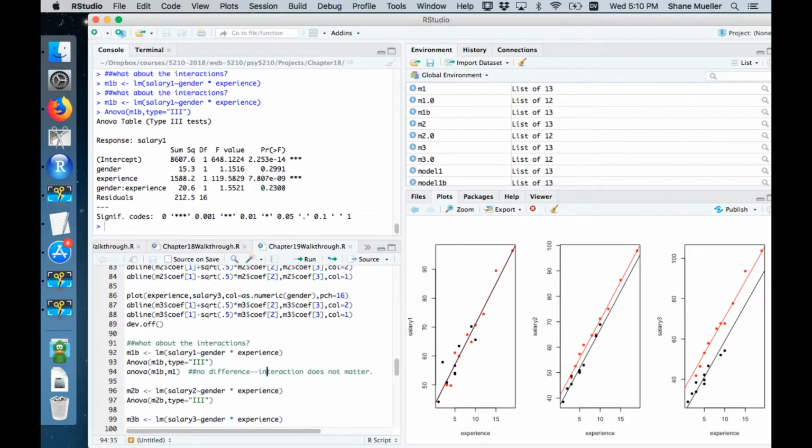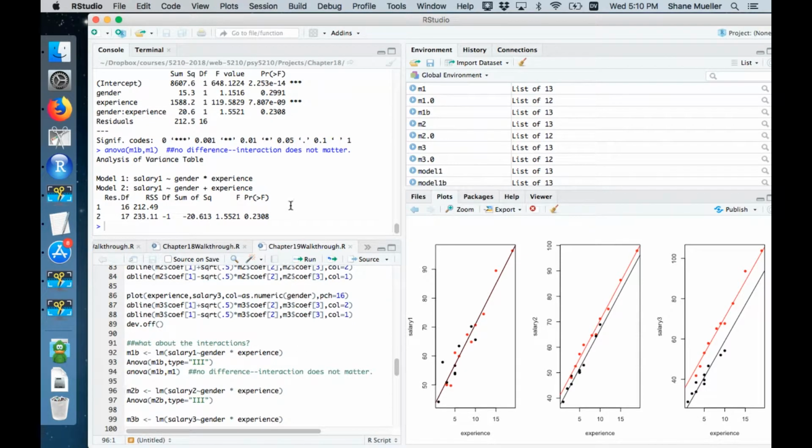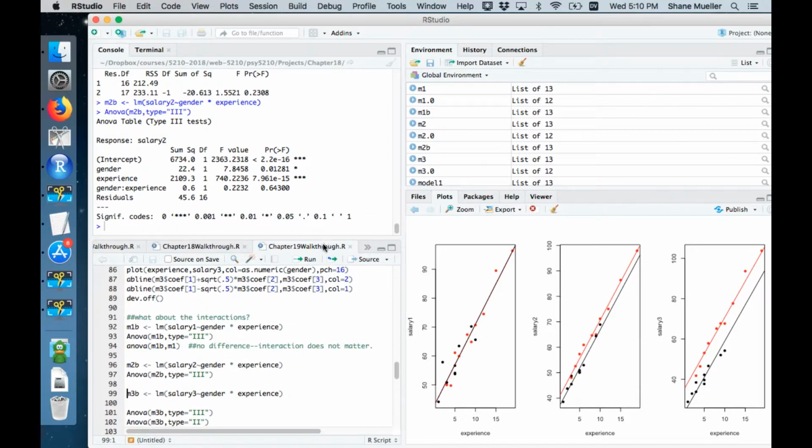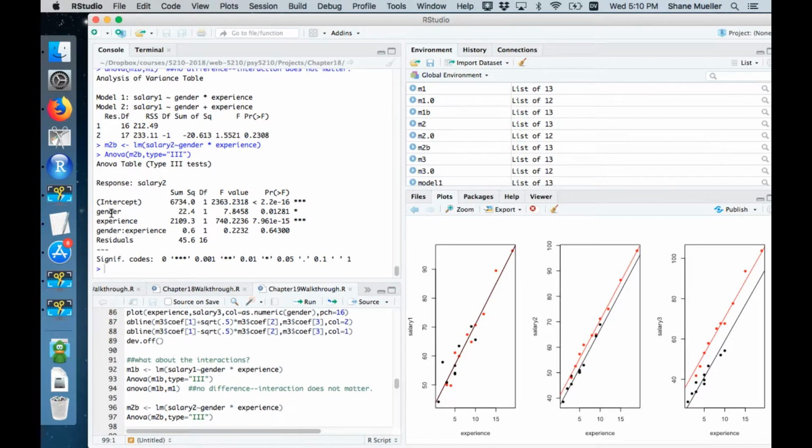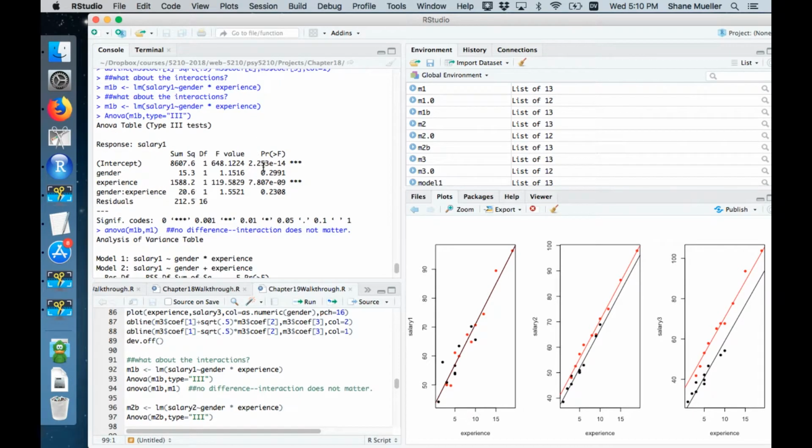Okay, so in this case, the interaction is not significant, and so the choice between type 2 and type 3 doesn't impact our conclusion about the interaction, but it does impact our conclusions about these other things. And it may really make a difference, especially if that interaction is significant. So in the second case, we can do the same thing, and we see gender and experience are again both significant, just like they were before.